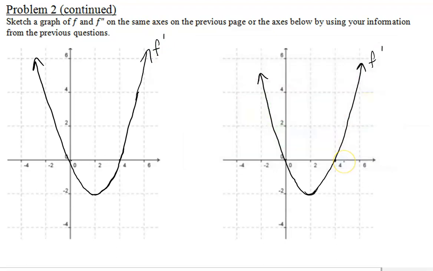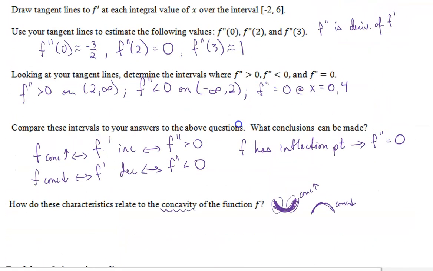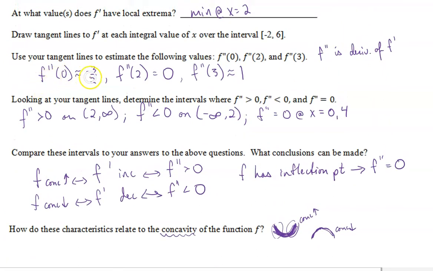f double prime is going to be the graph of the derivative of this. And what do we know about f double prime? Well, we know that f double prime of 0 is about -3/2, and f double prime of 2 is 0, and f double prime of 3 is 1. So that's 3 ordered pairs on the graph of f double prime.